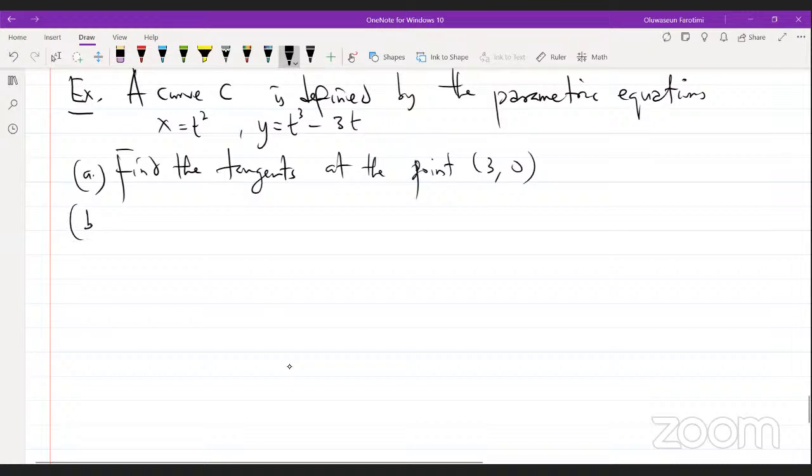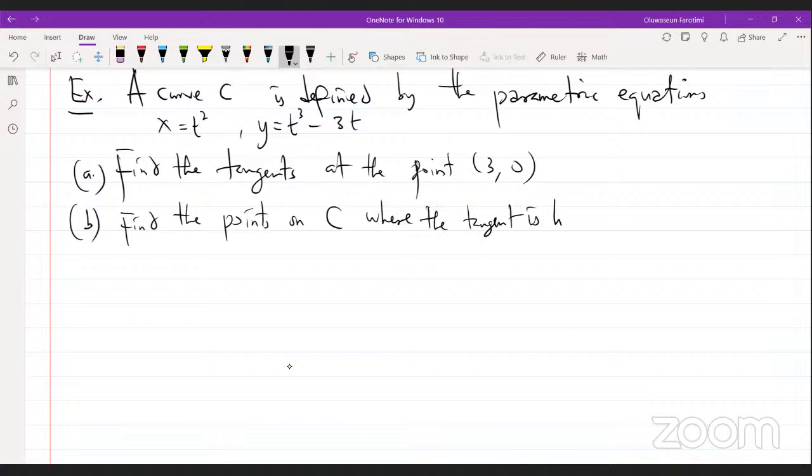And the second question is this: find the points on the curve C where the tangent is horizontal or vertical.